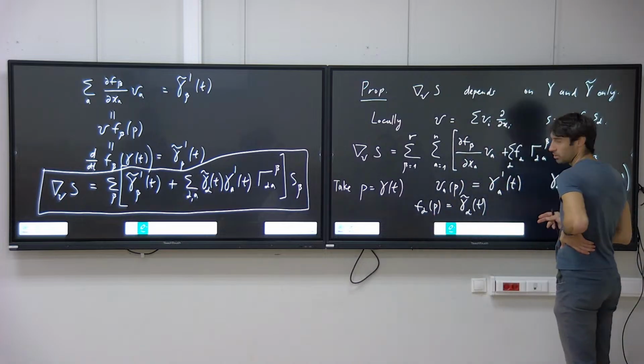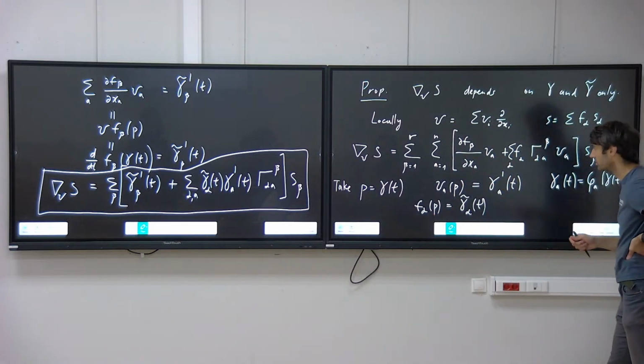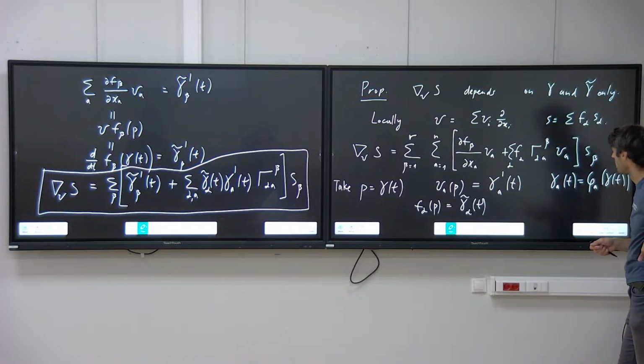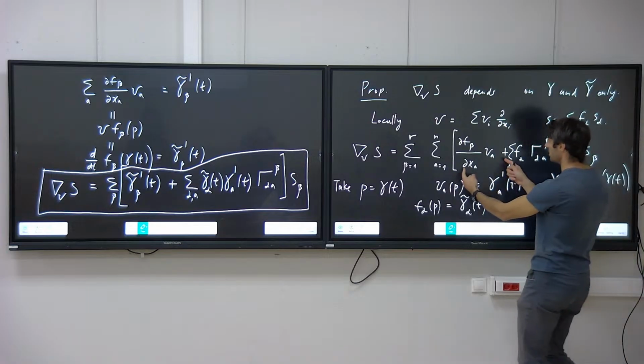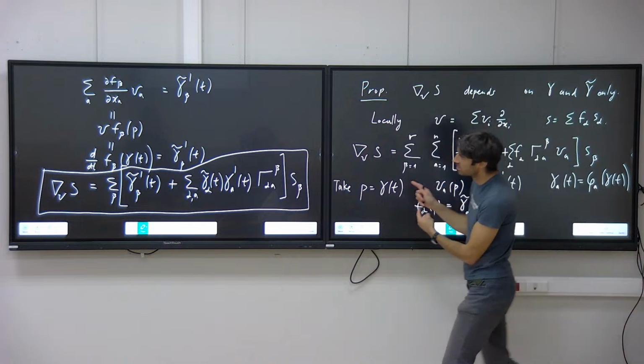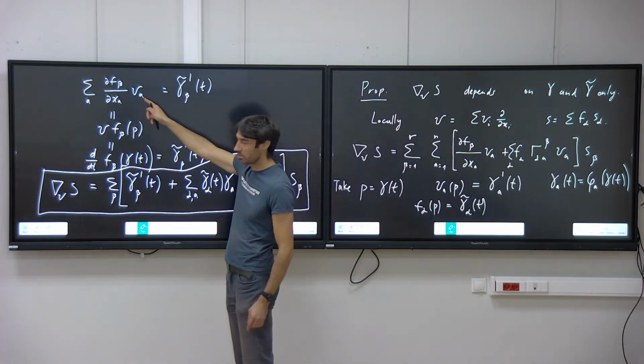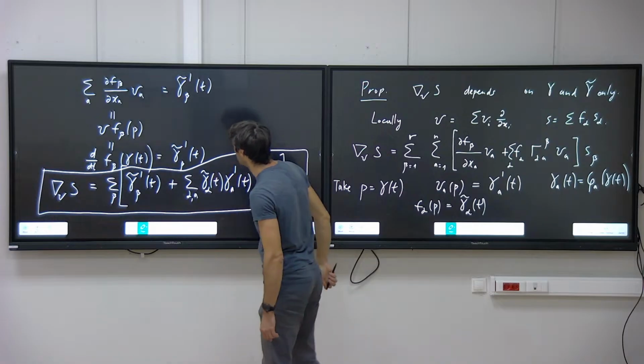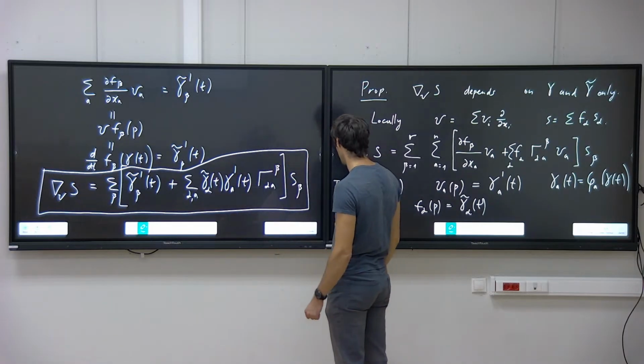Also, I can factor out the A, but I really needed this whole expression here because this whole expression really depends on gamma tilde.